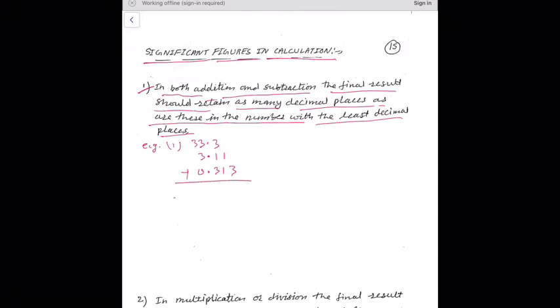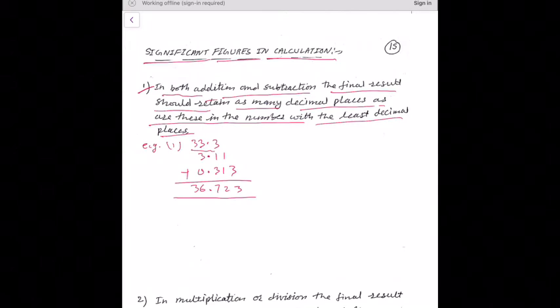After addition, we will get 36.723. Here, this number has only one decimal place in the least precise term, so the answer should be reported to one decimal place after rounding off. So the answer is 36.7.